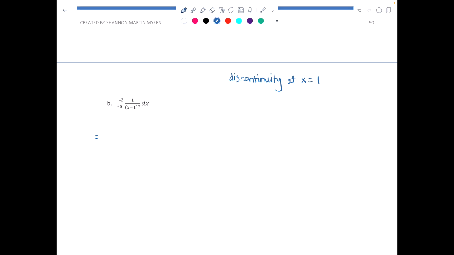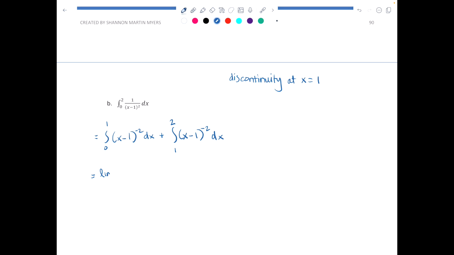And so I have to split this integral. So this would be the integral from 0 to 1 of x minus 1 to the negative 2 dx plus the integral from 1 to 2, again rewriting the integrand. Now, here we go.